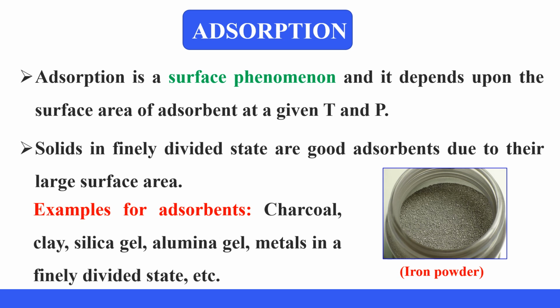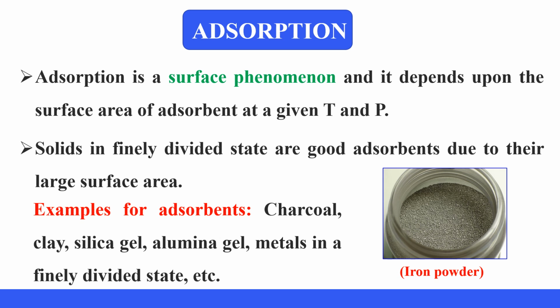Adsorption is a surface phenomenon. It depends upon the surface area of the adsorbent at the given temperature and pressure. Greater the surface area of adsorbent, greater will be the adsorption. Particularly, finely divided powders of solids act as good adsorbents due to their large surface area.